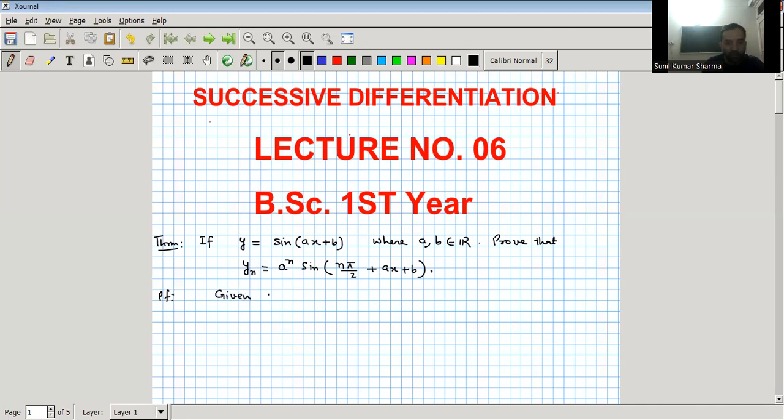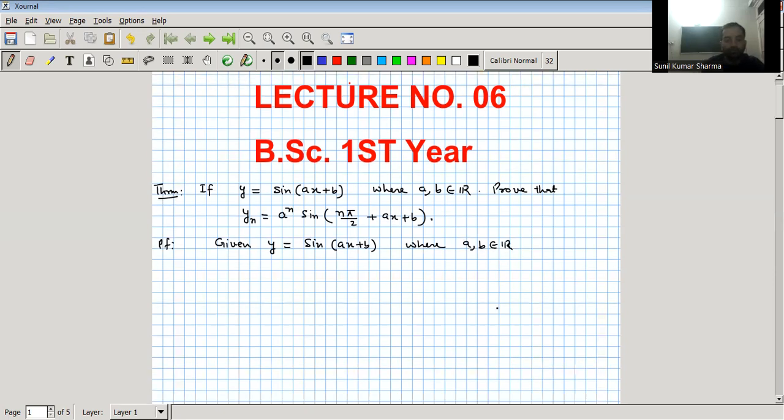The given function is y equal to sine ax plus b, where a and b are any real numbers.